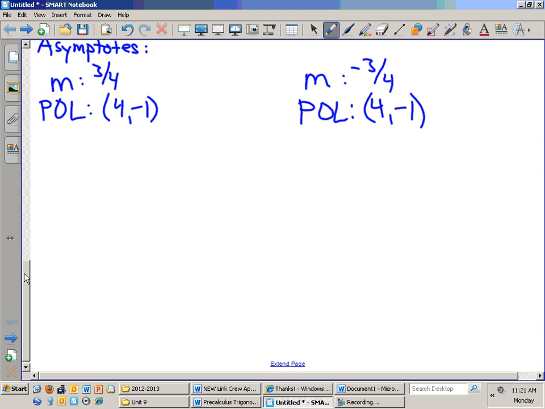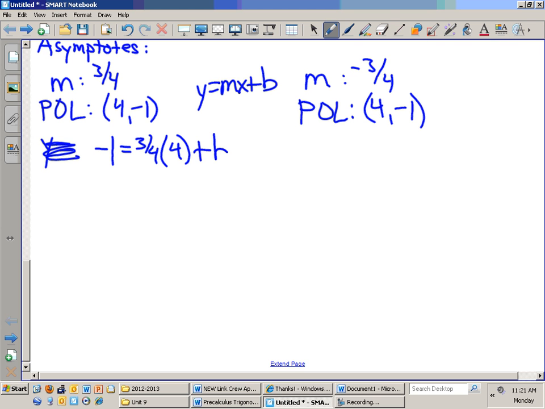So those are our 2 pieces. So we want to write equations for lines given those 2 things. y equals mx plus b. So y equals, y is negative 1, m is 3/4, x is 4, plus b. So negative 1 is equal to 3 plus b. Subtract our 3. Negative 4 is equal to b.